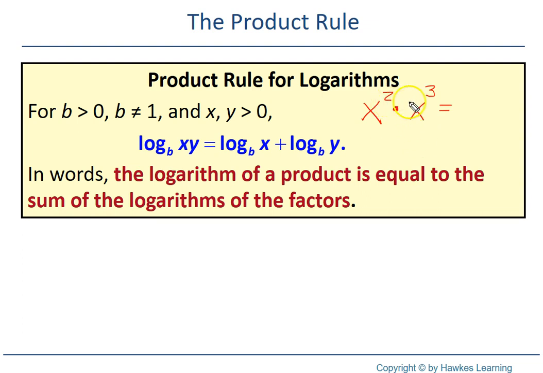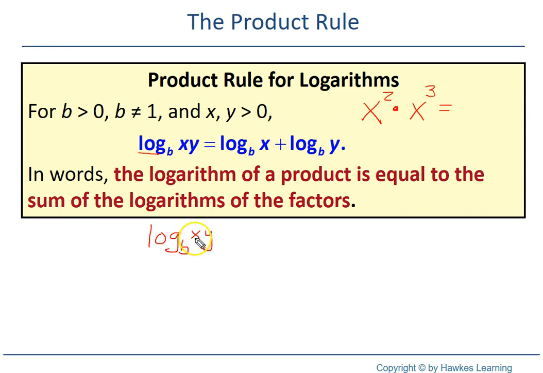And the answer is you would add the exponents. Now remember, when we're dealing with logs, we are dealing with exponents. So in this rule, when they say log base b of xy, this is x times y, x times y.